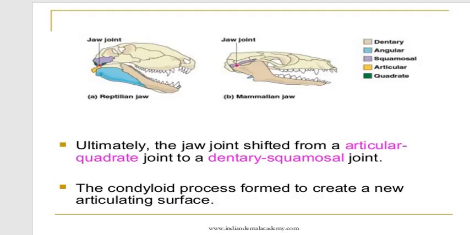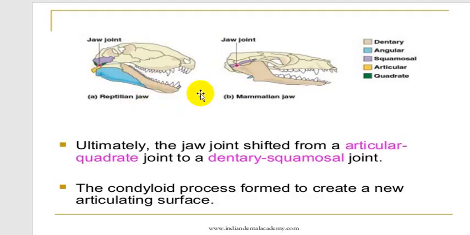You can see from the diagram the reptilian jaw, and this is the mammal jaw. This mammal jaw consists of only a single bone and a jaw joint, while the reptilian jaw is made up of multiple types of bones.